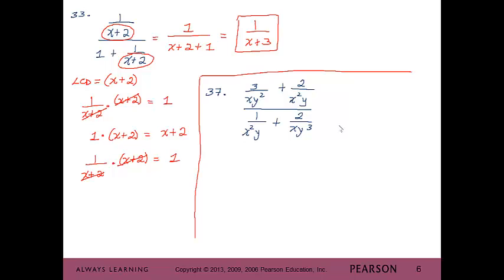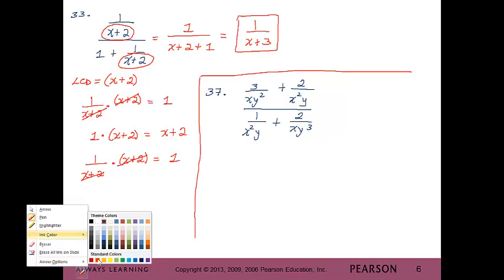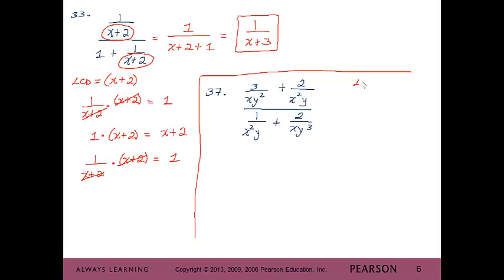And we're going to start by finding the LCD. So we have 4 denominators.